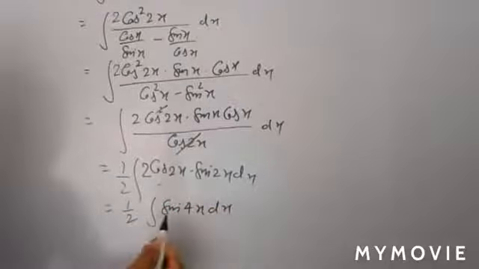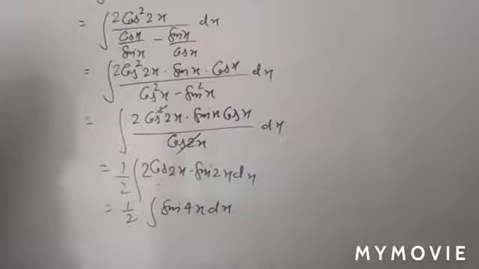And you know what is the value of this. So you know the integration of sin x is equal to minus cos x. But here you have sin 4x, which means the angle is in the form of a linear function. So you have to divide by the coefficient of x also.